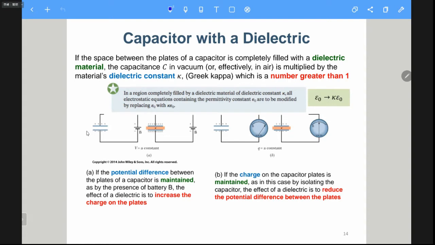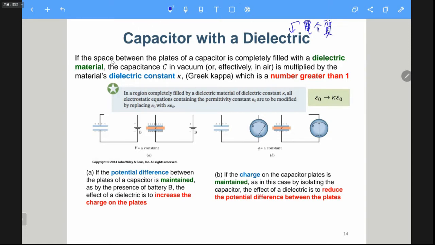But here we will try to insert something called the dielectric between the parallel plates, and it will influence the characteristic of the capacitor. For the dielectric, in Chinese, this is called 电介质.